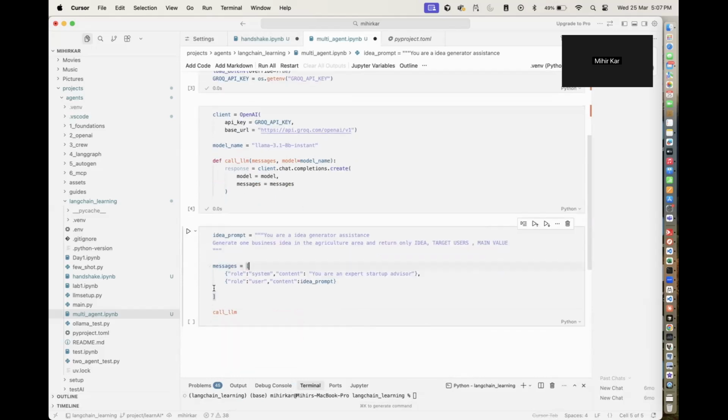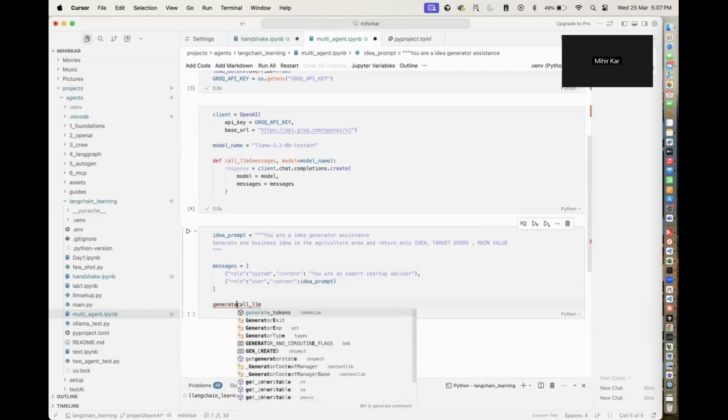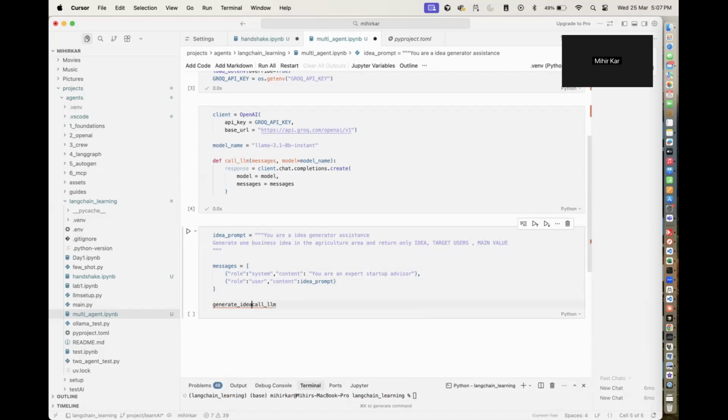Okay, so now we are going to call the LLM. Then here generate idea. Then print the idea. Let's see.